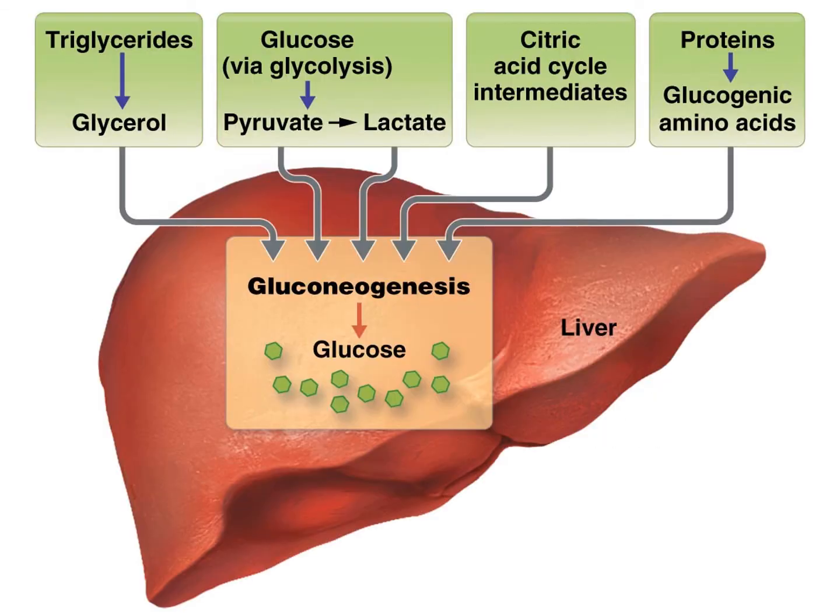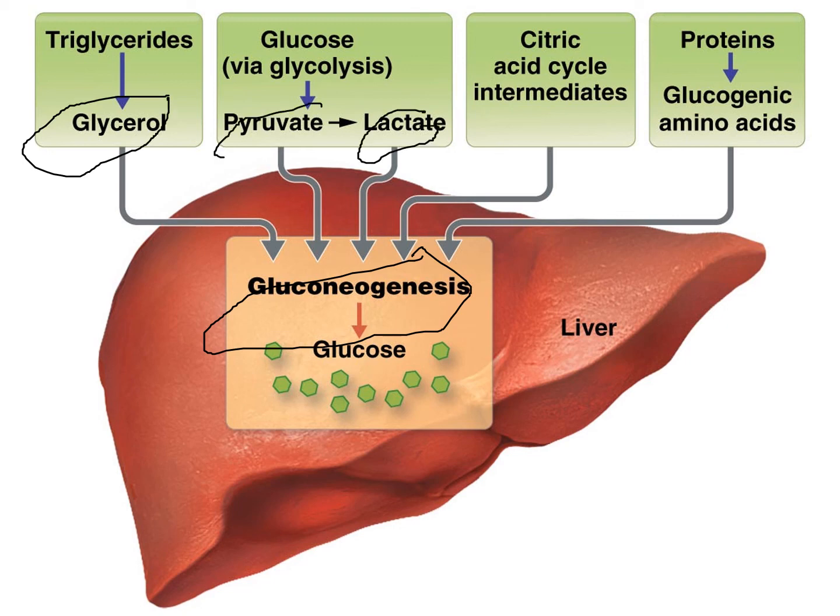Here's a figure that helps you remember this. For gluconeogenesis to occur, to make new glucose, it can come from non-carbohydrate sources. It could be from glycerol, it could be from pyruvate, lactate can produce glucose.